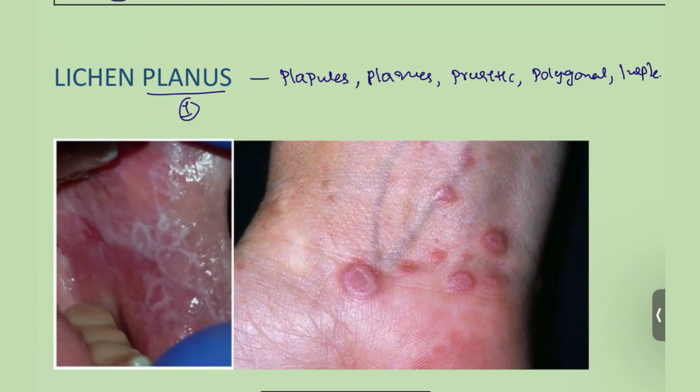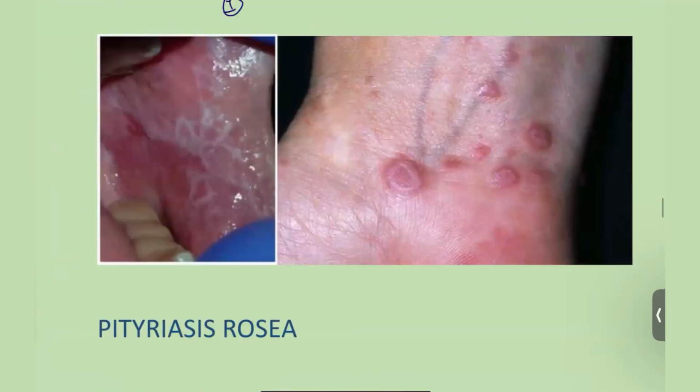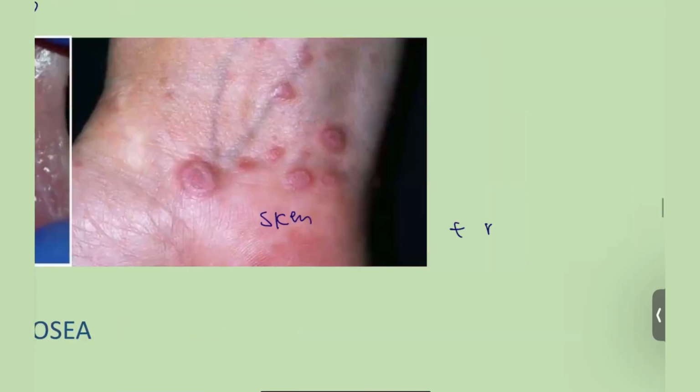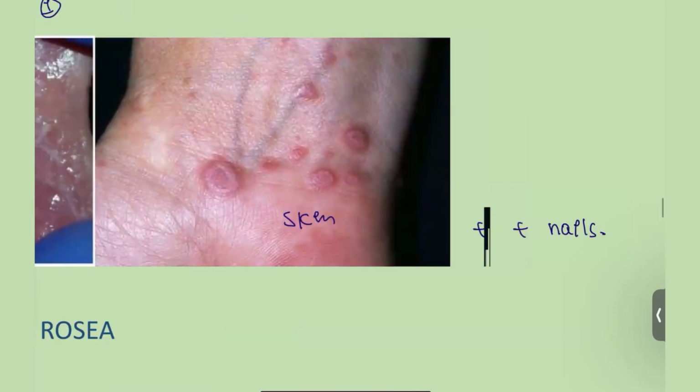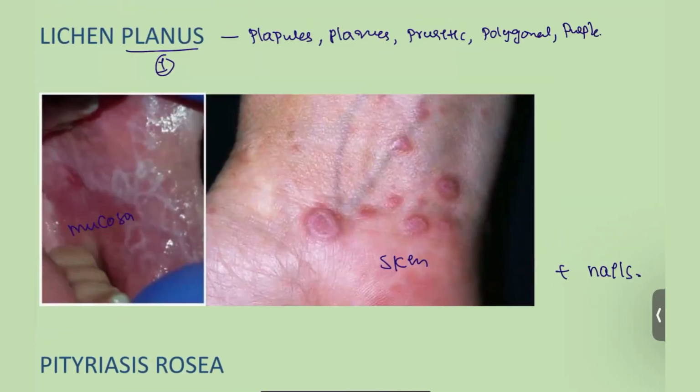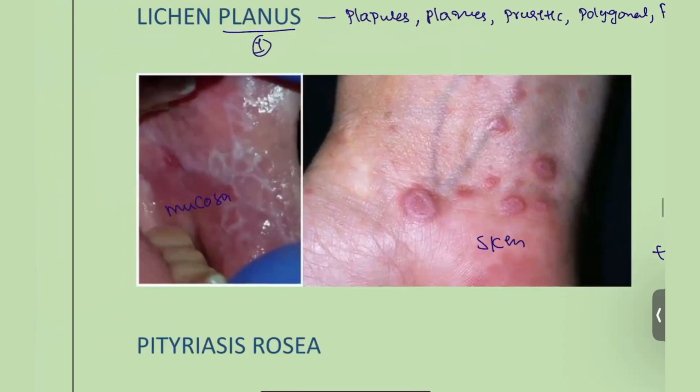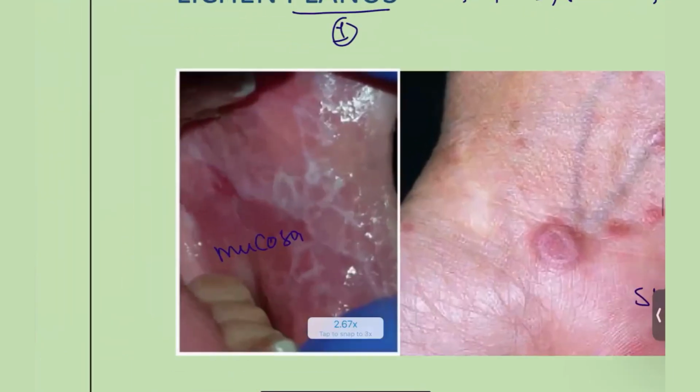Simply, it is a chronic inflammatory immune-associated condition. It will involve the skin, the mucosa, and also the nails. Okay, these are the 3 features that present with lichen planus. On mucosal involvement, classically the lesion is seen as a whitish pearly layer inside the mucosa.